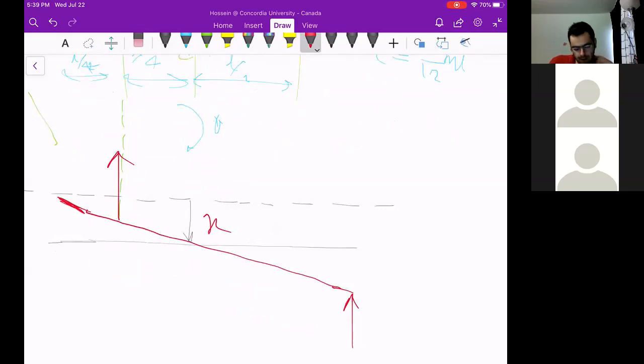The deflection applied to the left spring is this length.